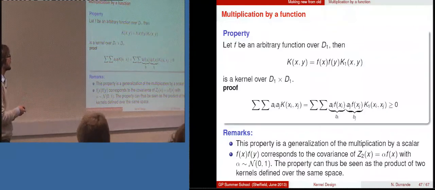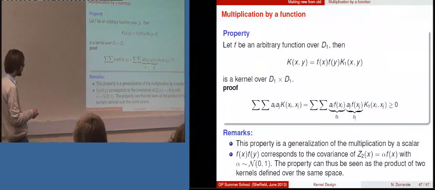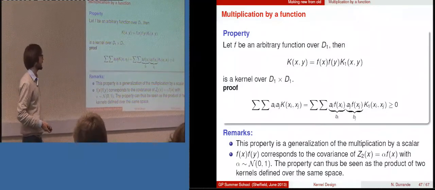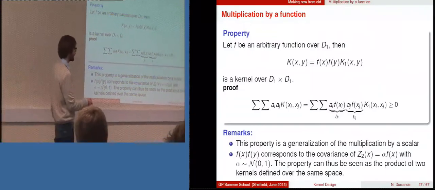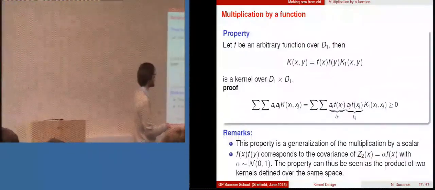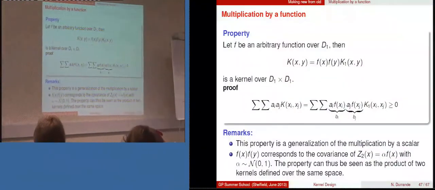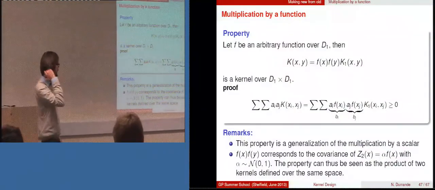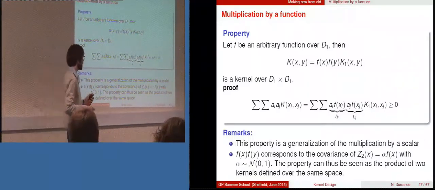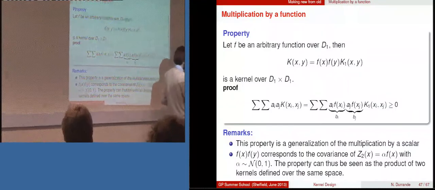That can be seen as a generalization of the multiplication by a scalar, where f is equal to a constant. The product f of x, f of y is also a kernel, in fact, because it is the covariance of alpha f of x, where alpha is Gaussian distributed.